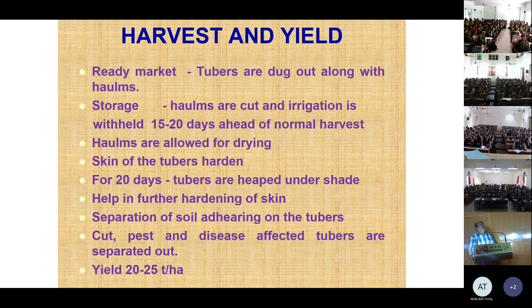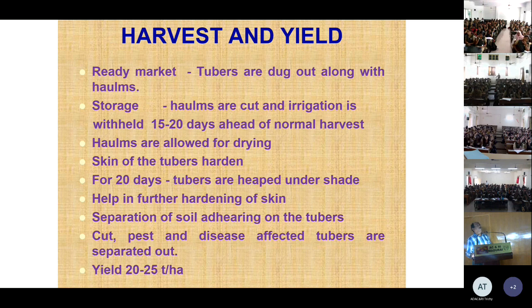Regarding harvesting, the symptoms are cracking of the soil and yellowing of leaves, and the tubers are dug out along with the haulms. The haulm is the upper portion above the soil. The haulms are cut and irrigation is withheld 15 to 20 days ahead of normal harvest.